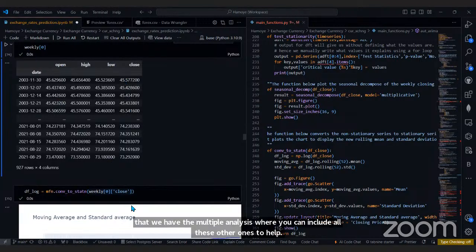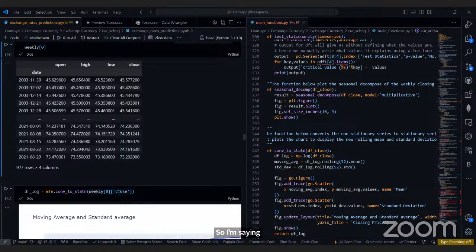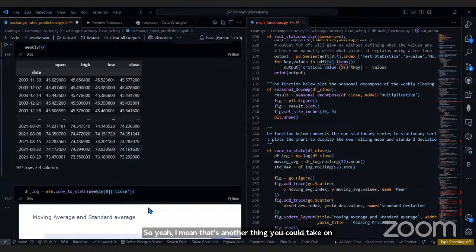For the project we did here, we used only the closing price, so these other ones were not included. That's another thing you could take on: maybe do multivariate analysis where these are included. So it's a single variable. Okay, thank you.